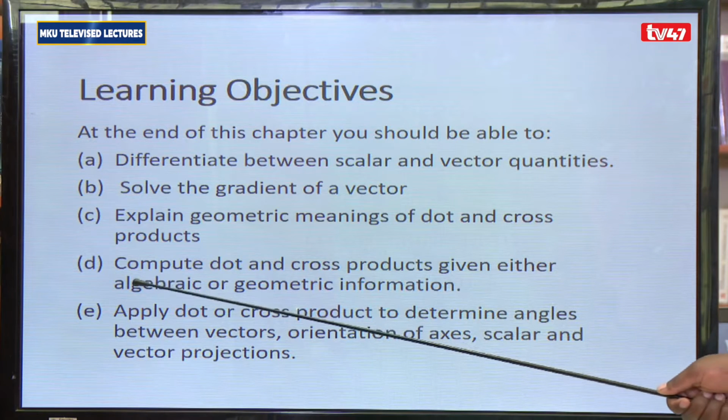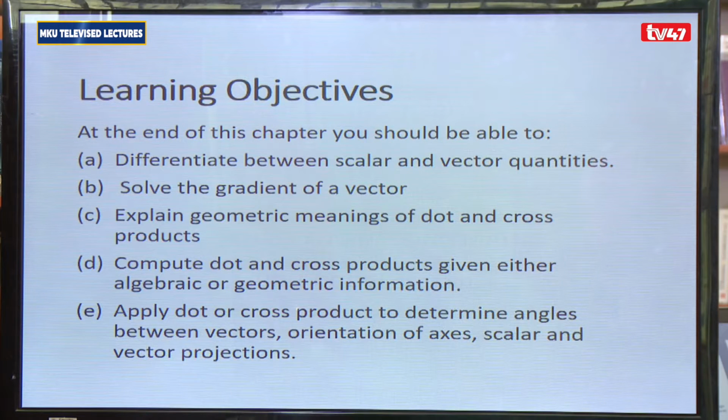Also, you should be able to compute dot and cross products given either algebraic or geometric information. Also, you should be able to apply dot and cross products in many areas, like in solving angles, in getting the orientation of axes, scalars, and vector projection.